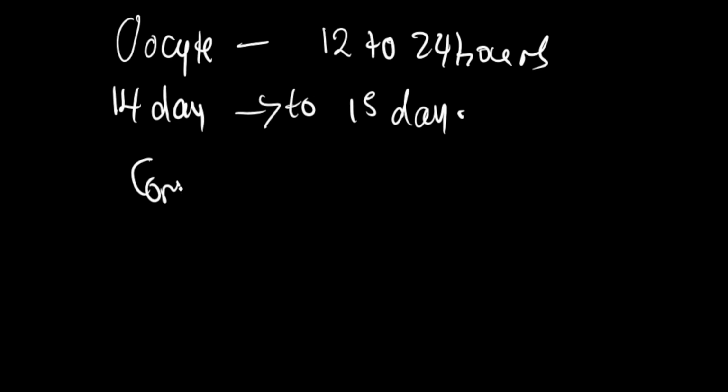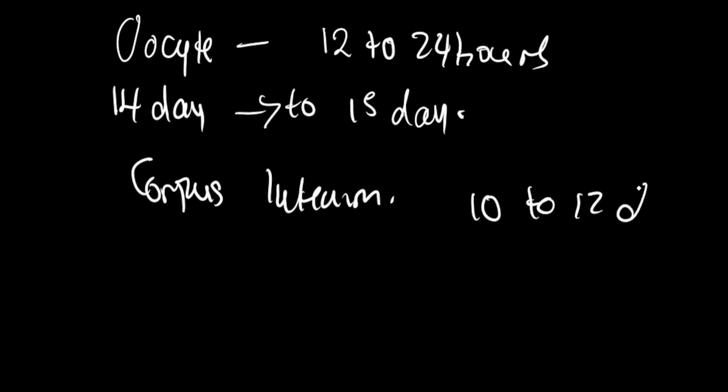And then of course we have the corpus luteum. If fertilization doesn't take place, the corpus luteum degenerates within 10 to 12 days. Adding 12 to 15, we have 27 days.